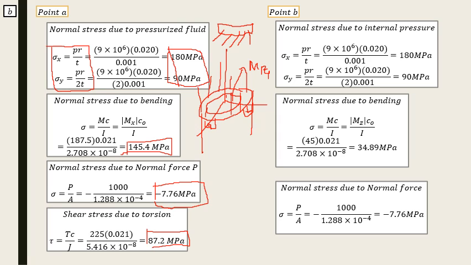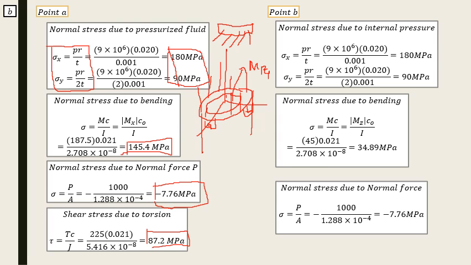And for point B, the normal stress with internal pressure is actually the same as point A, since it's the same point. Sigma x equals 108 MPa, sigma y 90 MPa.